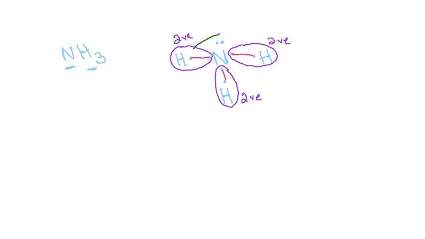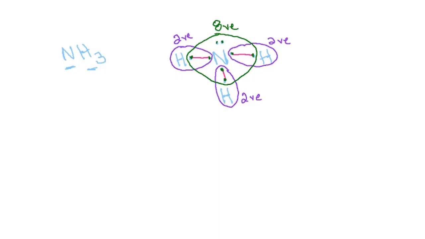And here's nitrogen. So 1, 2, 3, 4, 5, 6, 7, 8. So now nitrogen has 8 valence electrons around it.